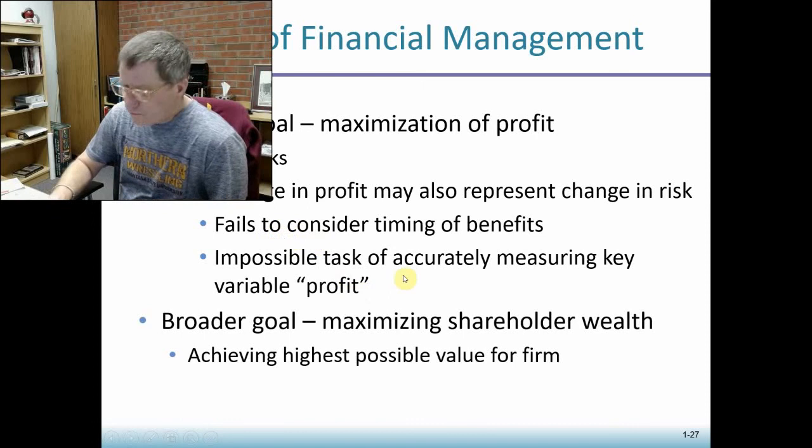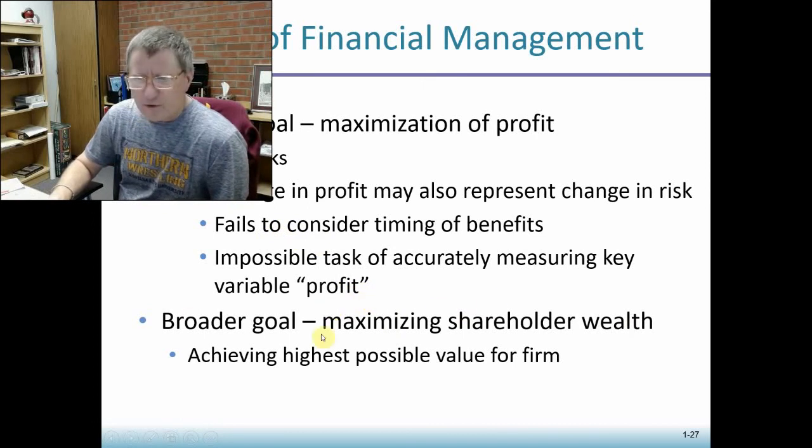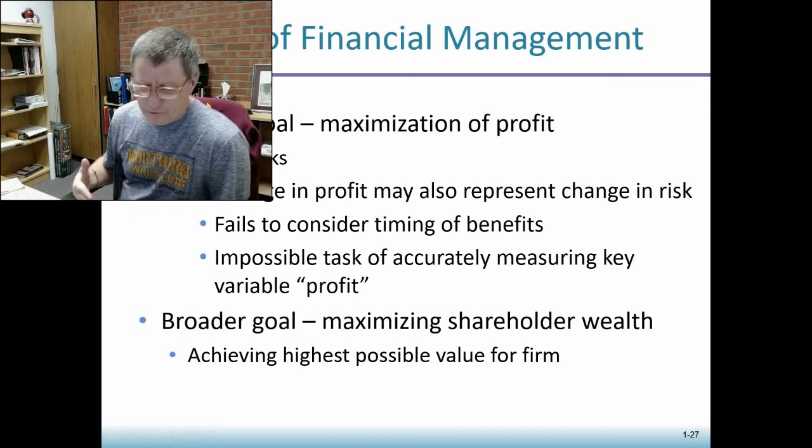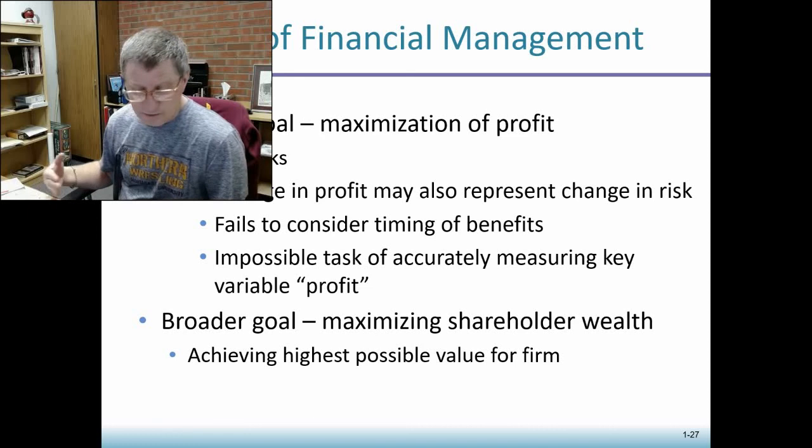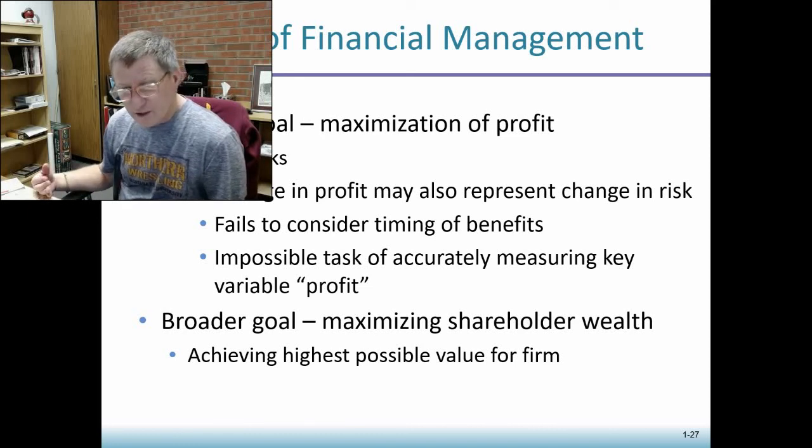Broader goal, maximizing shareholder wealth. And here's an important thing, if you went back and you look at Amazon, up until 3, 4, 5 years ago, Amazon made zero money. Okay, maybe small, very, very small profit. Even today, they don't show a huge profit, yet it's one of the biggest corporations by market cap in the world. Well, why is that?